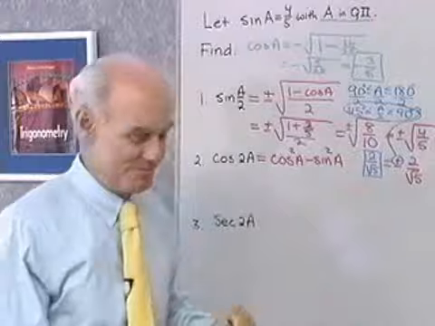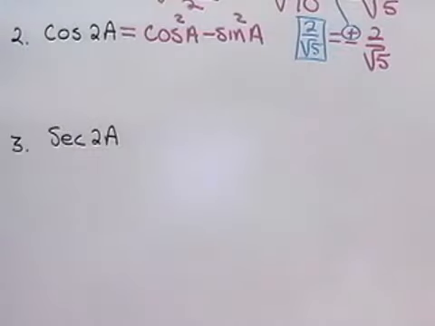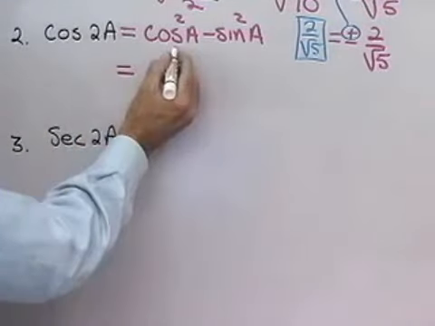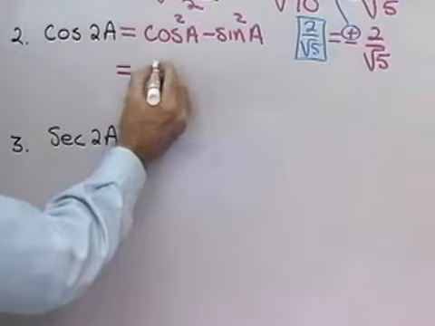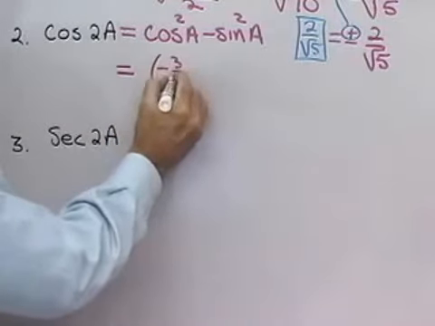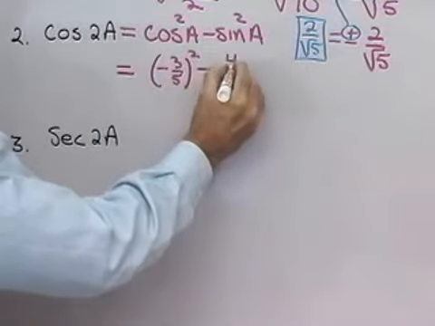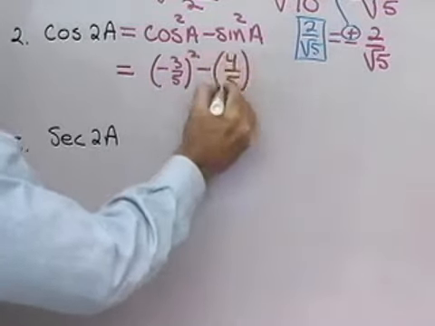Let's try another problem. I have cosine 2A is cosine squared A minus sine squared A. Well, I found that cosine A was negative 3/5 previously, and sine A was 4/5.